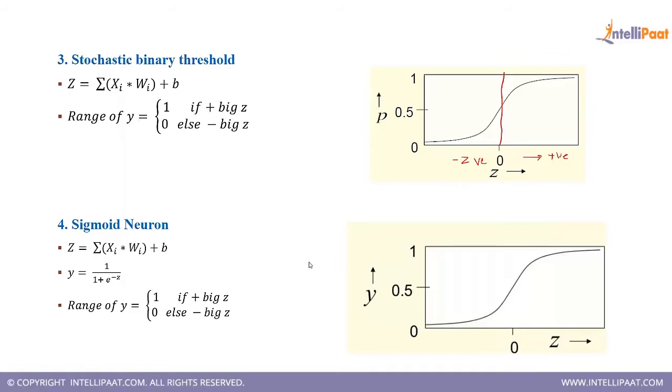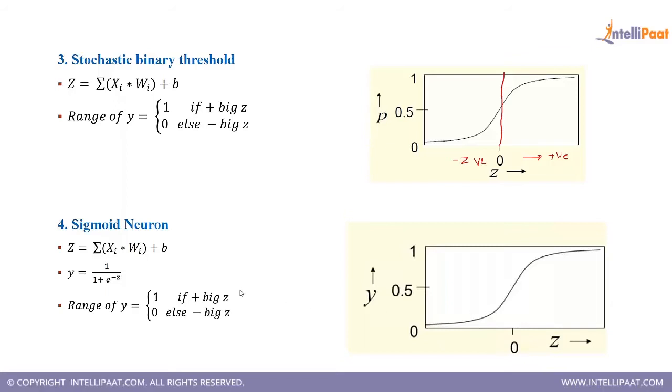Sigmoid is another one, using the exponential function. So whenever the z value is positive, it is above the threshold and the y value goes to 1, and when the z value is negative, it is 0.